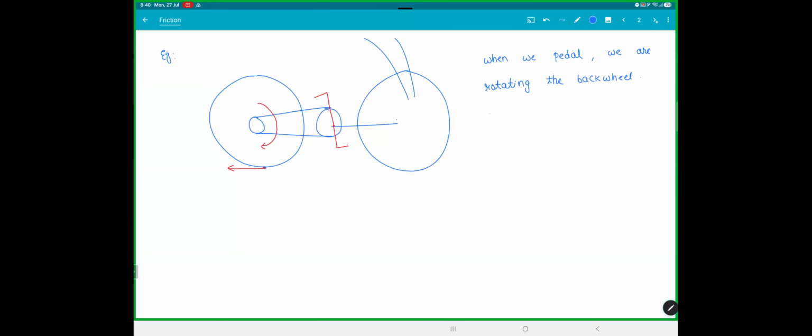And so the point in contact is trying to go backward. It might not actually go backward, but the point in contact is trying to go backward, just like when you're walking, your heel was trying to go backward.